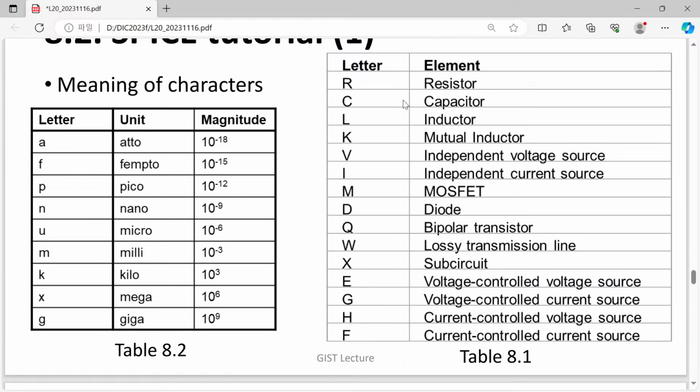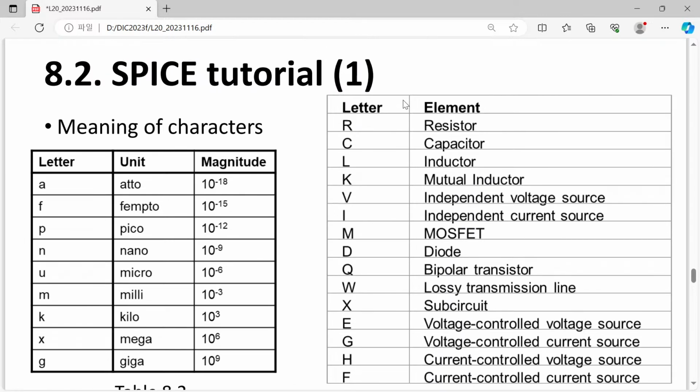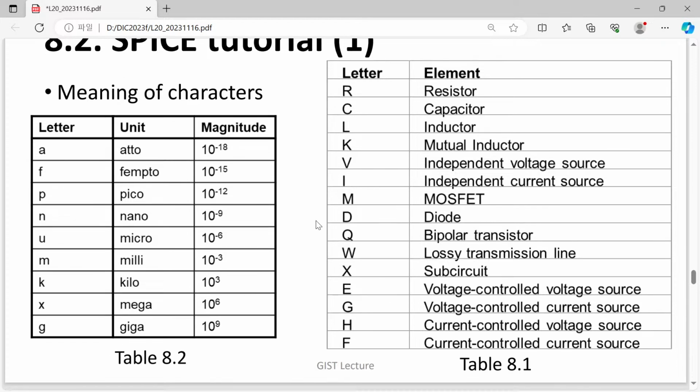As I told you before, SPICE recognizes the type of your circuit elements by the leading first letter. For example, any element starting with V is an independent voltage source.